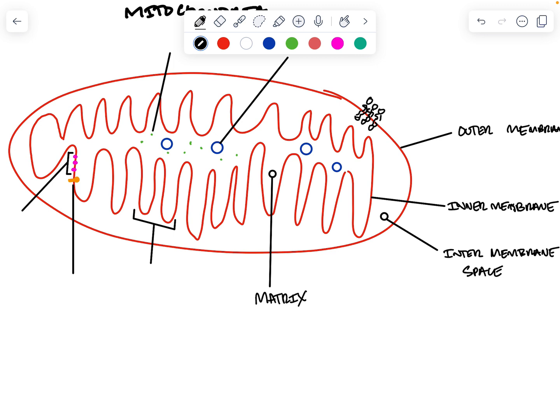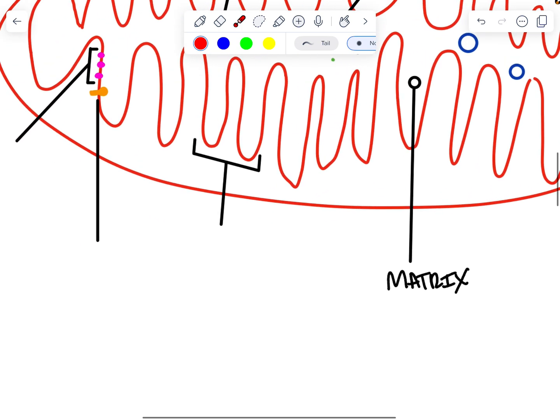The inner membrane is highly folded because it's folded to maximize the surface area to volume ratio, to get as much surface area as possible inside of the mitochondria, because this is where the major sets of reactions are going to happen. So by maximizing the surface area, we maximize how many reactions can take place. The folds of the mitochondria are called cristae.